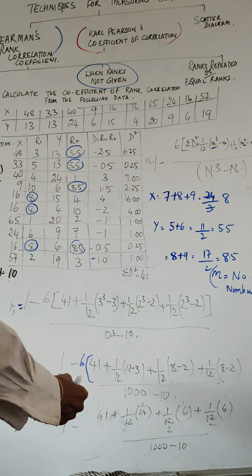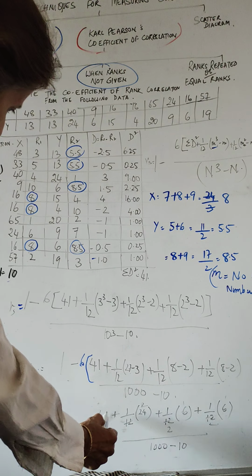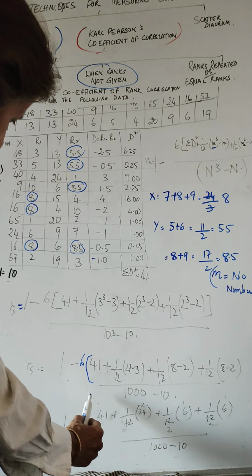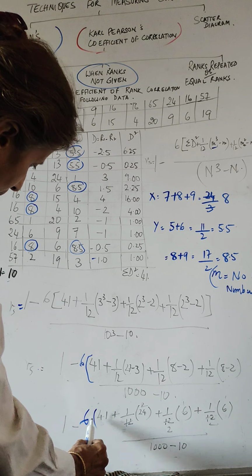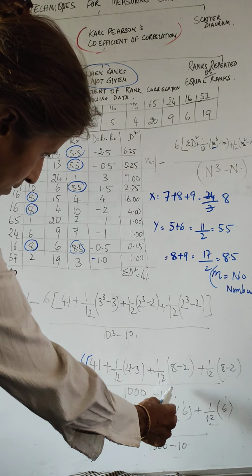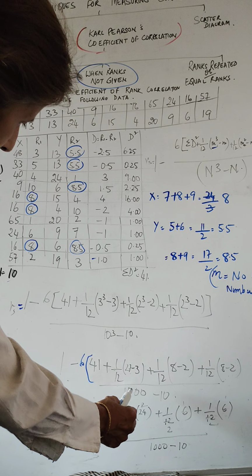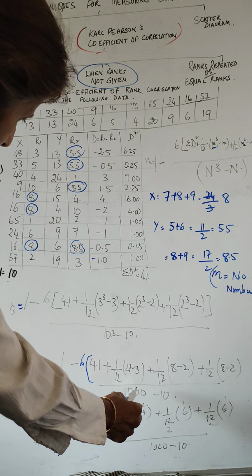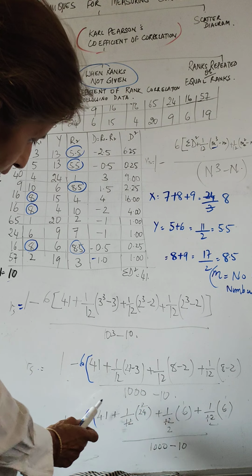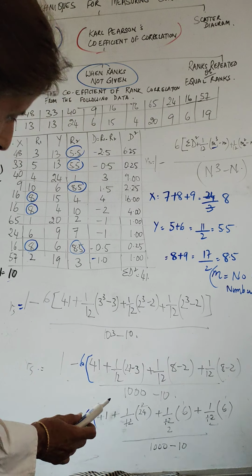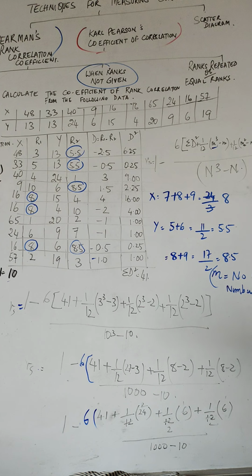And what do we do? Divide by 1000 minus 10. That is n cube minus n. 10 tens are 10 into 10 into 10 is 1000. So here we go ahead and we work out a little.